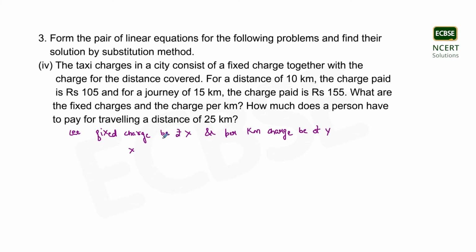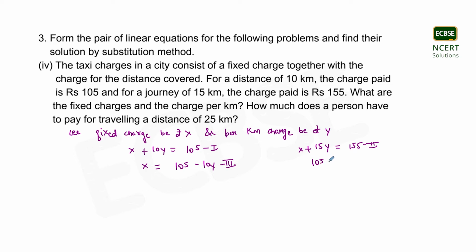So the two equations which will be formed are x plus 10y is equal to 105. Let this be first equation, and the second equation will be x plus 15y is equal to 155. So we have obtained two linear equations from this problem. Now in order to find the value of the variables x and y, we need to use the substitution method. So from the first equation, we will find the value of x, which comes out to be equal to 105 minus 10y. Let this be equation 3rd. Now substitute this value of x in second equation.